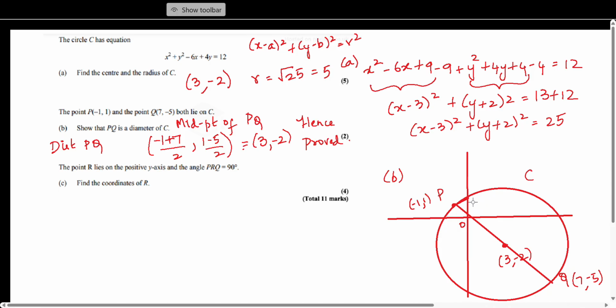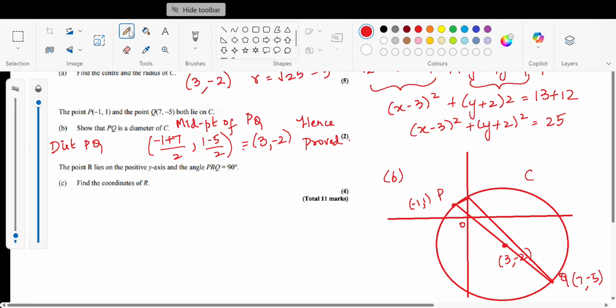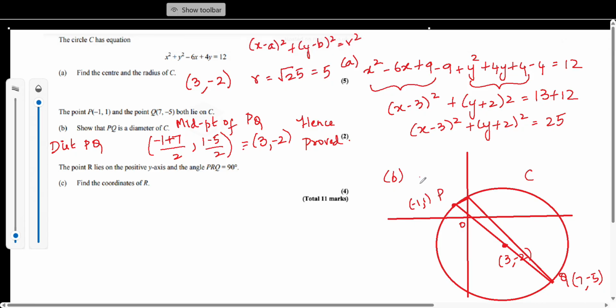So, if PRQ is 90, obviously this is because PQ is the diameter. That is a theorem in circles: angle in a semicircle is a right angle, and it also says R lies on the positive y-axis.